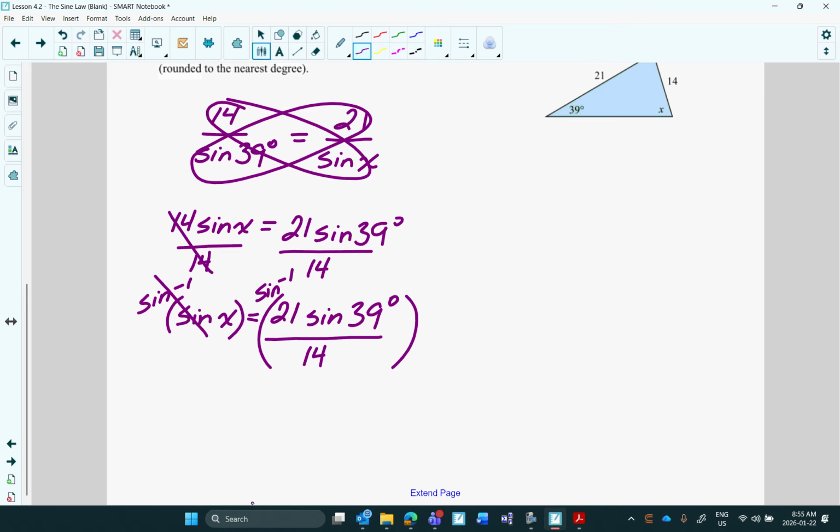And a way you can do that on your calculator is just go sine inverse, open a set of parentheses, and then you should be able to do 21 times sine 39 divided by 14, and then close that set of parentheses. And that should give you the angle. With most calculators, you might have to put an extra set of parentheses. But you should have got 71 degrees.